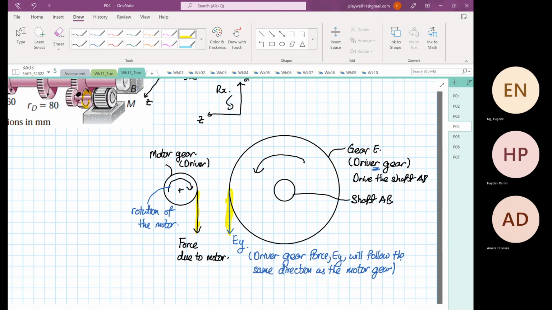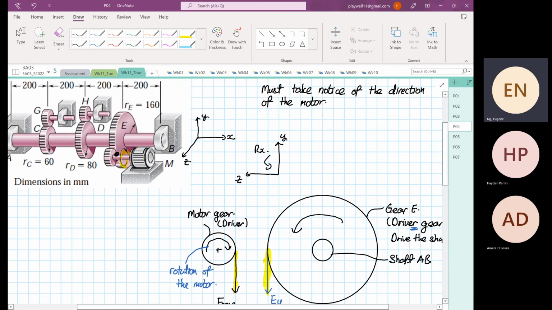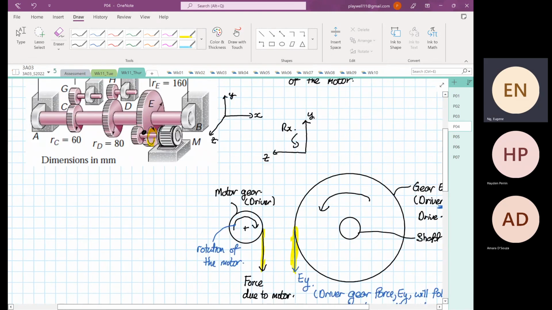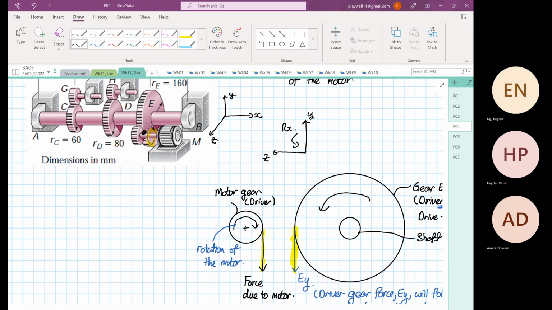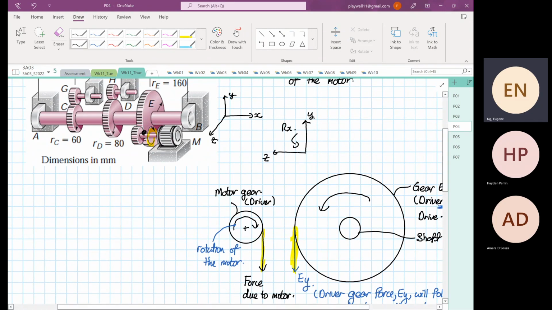Okay. Now the next one we are going to focus on is gear. Now before we go on, right? We now know that this is the direction of EY.